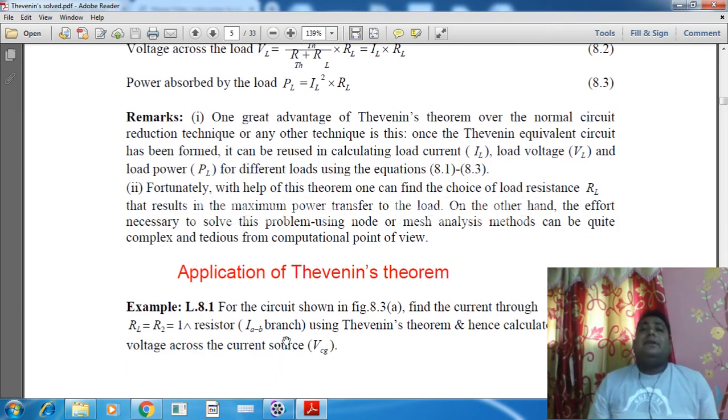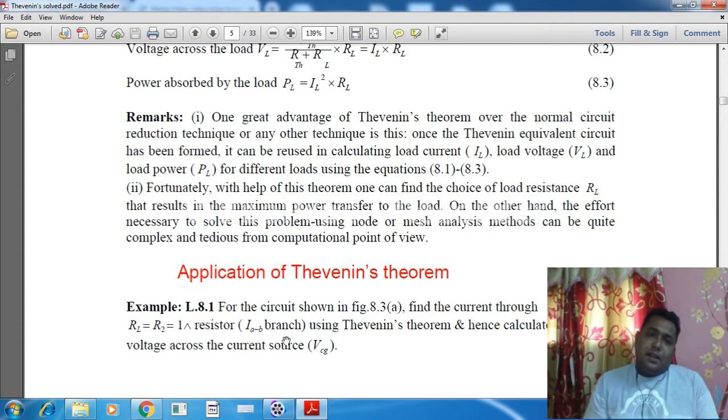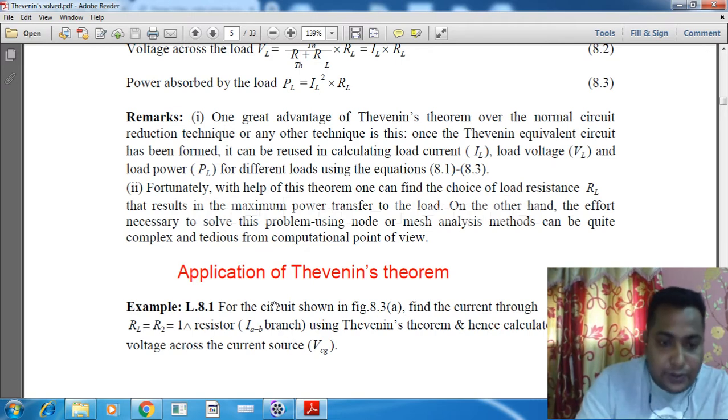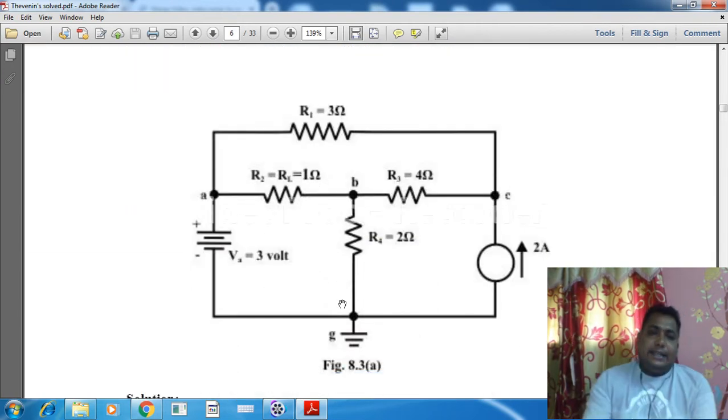Now we have recapped how to solve Thevenin's theorem, because we need both things for the maximum power transfer theorem. So now we are going to solve a Thevenin's problem, so that we can better understand how to solve it. For that, we have considered a circuit like this.